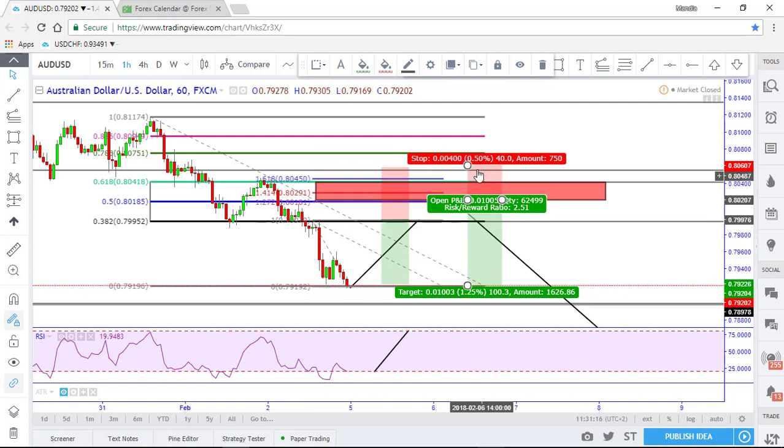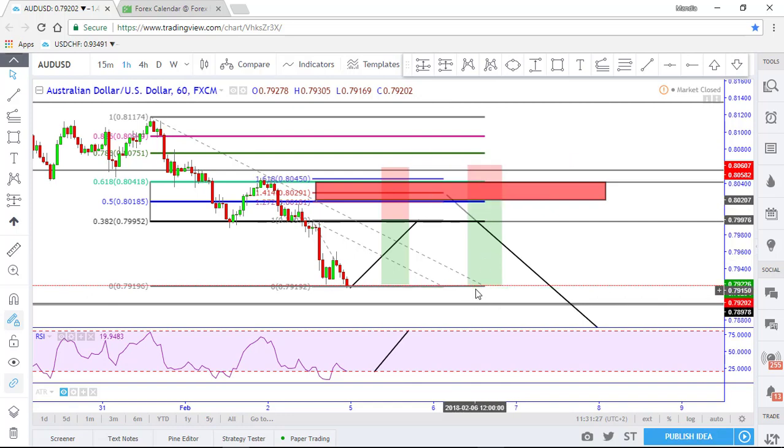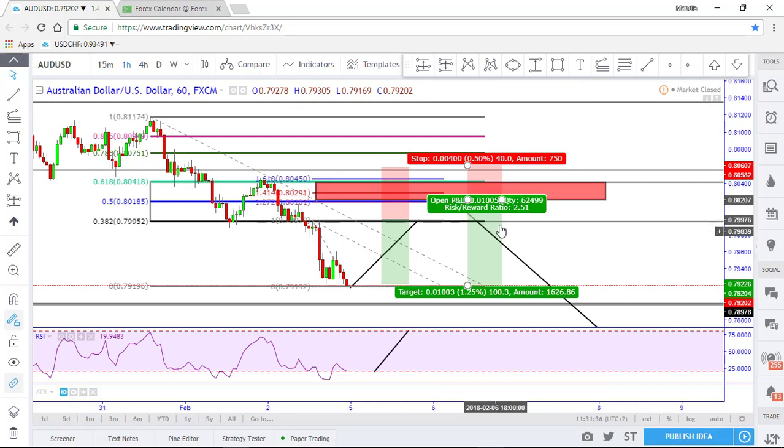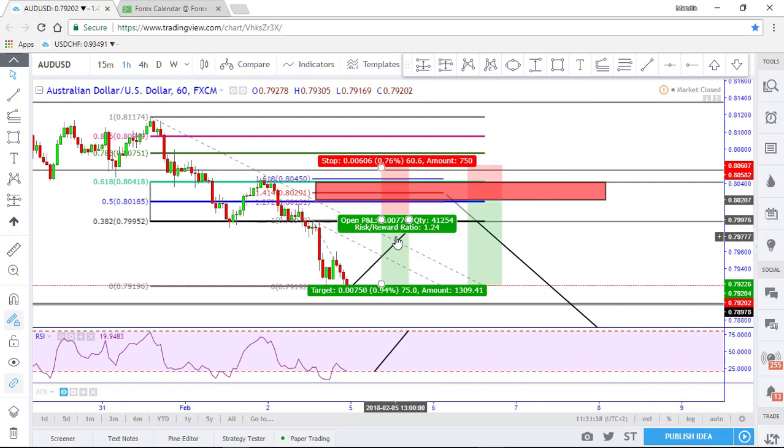I would have to have my stops at those levels. So I'll be risking 40 pips on this one for a 100 pip reward. You would notice that this risk to reward is much better than this one.